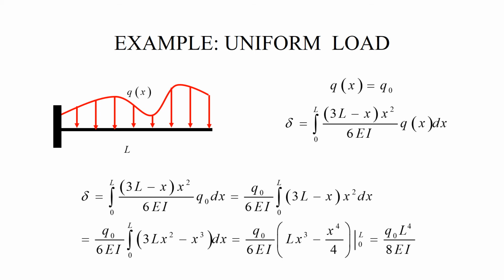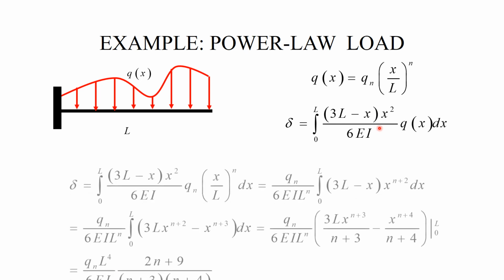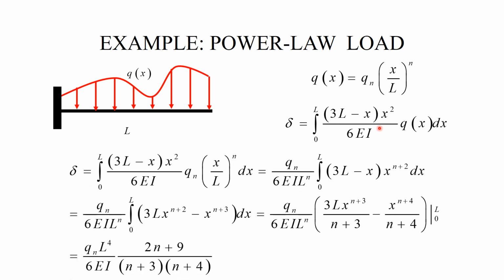Next, let us do something that is not in the tables. I will choose a power law load. It is given by this expression, where q sub n is a constant, and so is n. It could be constant, linear, quadratic, whatever n you wish to choose. We send it through this grinder, and let us see what we have.